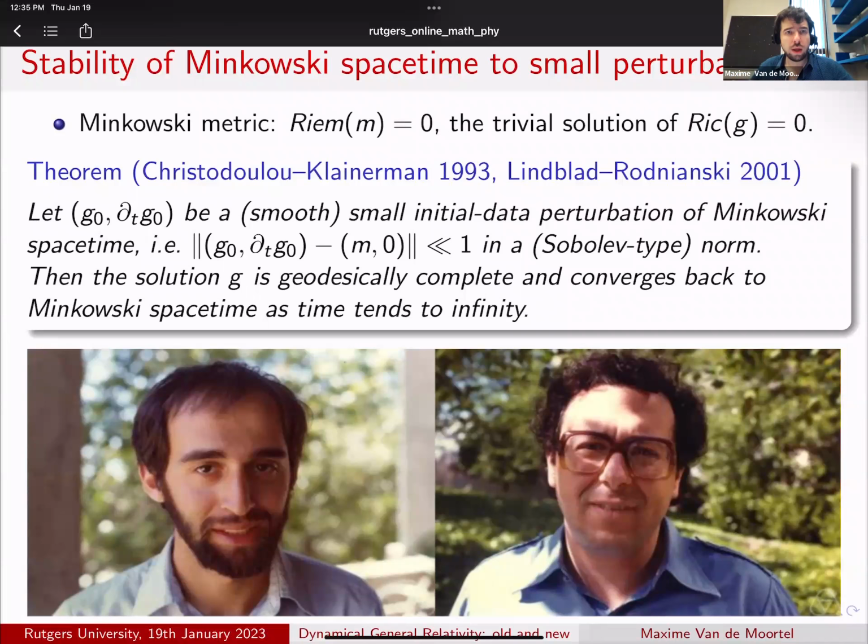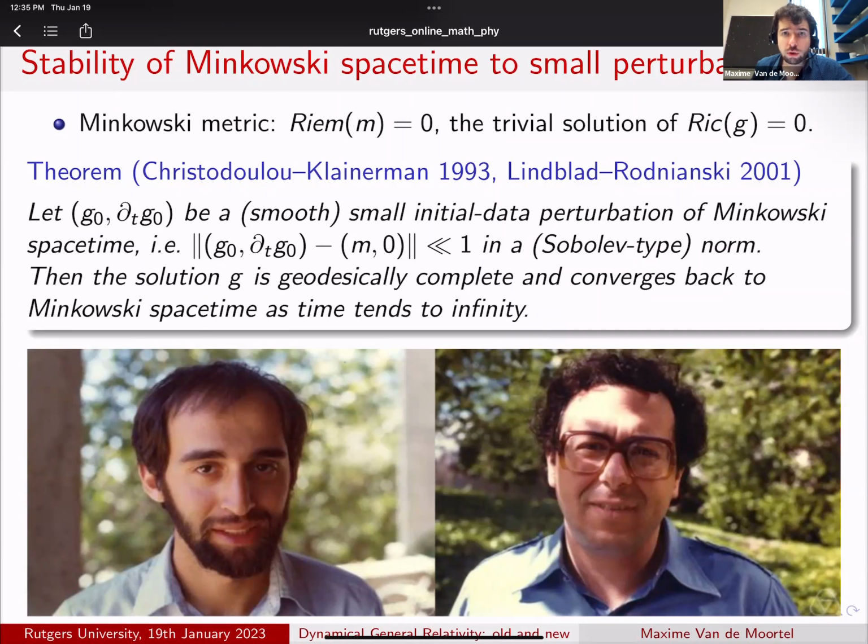Follow the evolution, and it's a very deep result. Christodoulou and Klainerman have proven that the solution is geodesically complete, so the geodesics continue forever, and more importantly, that the spacetime reverts back to Minkowski if you wait for long enough. Otherwise said, the curvature that was small in the beginning ends up dispersing and tends to zero as time tends to infinity.